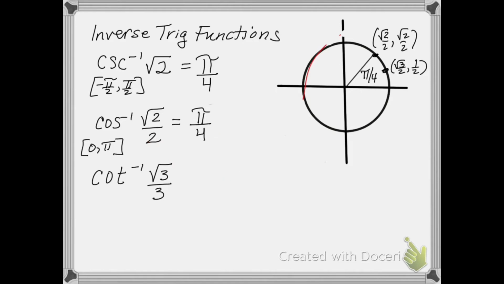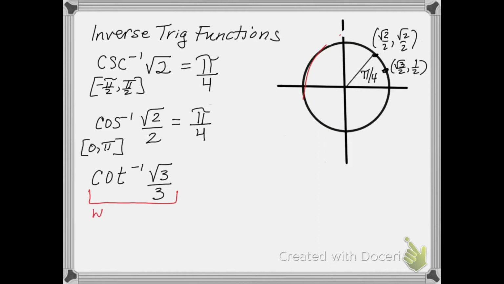Okay, for the cotangent, I'm looking for x over y, right? So let me just write this out. I didn't say I was going to do the instruction here, but I just want to help you out a little bit. What I'm doing here, I'm going to evaluate this.